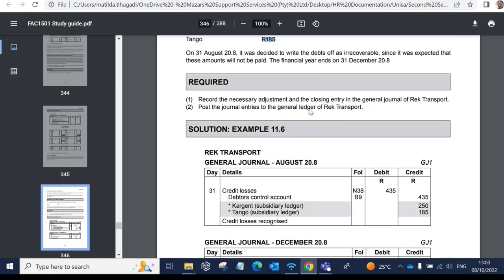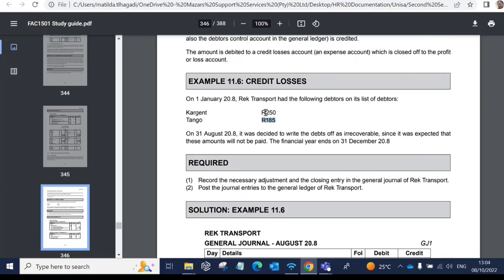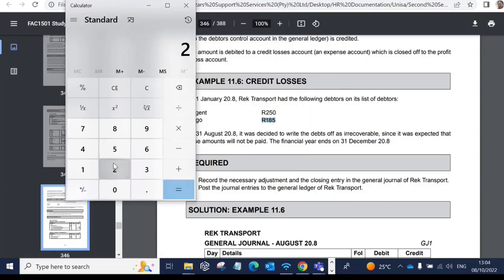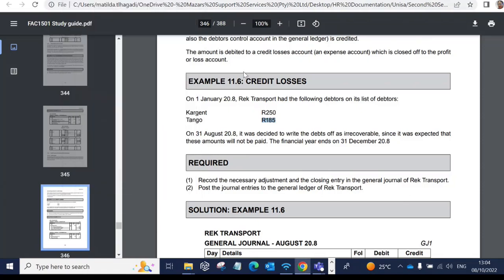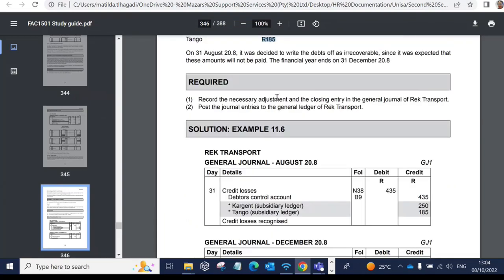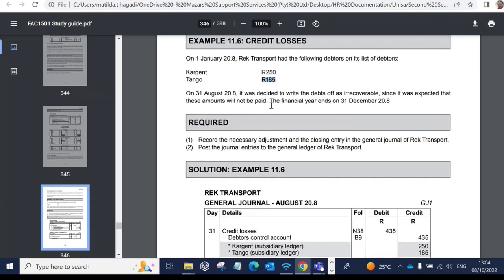So basically, this is what's happening. The total debt of REC Transport is 250 plus 185. So basically 435 is owed to REC Transport. So on the 31st, it was decided to write off debt as irrecoverable.